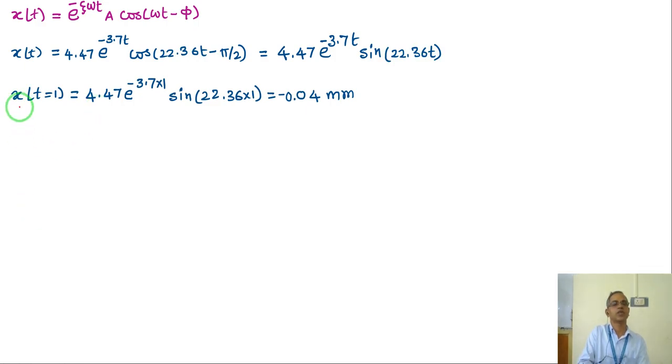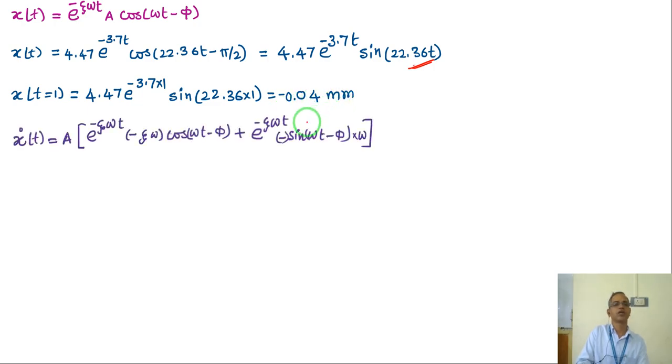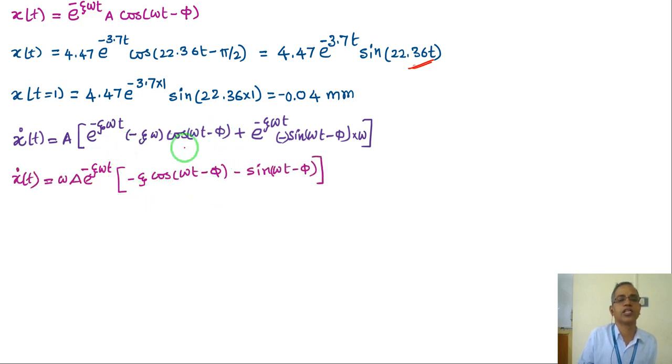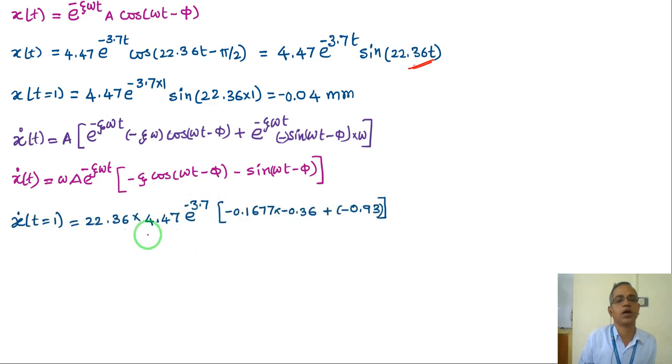So when substituting at t equal to 1 second, this is the second part of the question, where time t equal to 1, I get a response of minus 0.04 millimeter. Similarly, go to the velocity in terms of t. Writing in a little crisp form, I can also substitute xi and omega, and substituting t equal to 1 second, I get this.